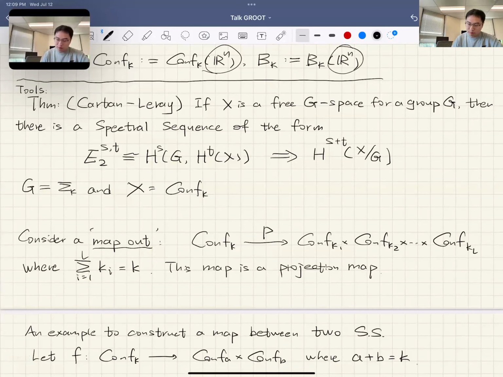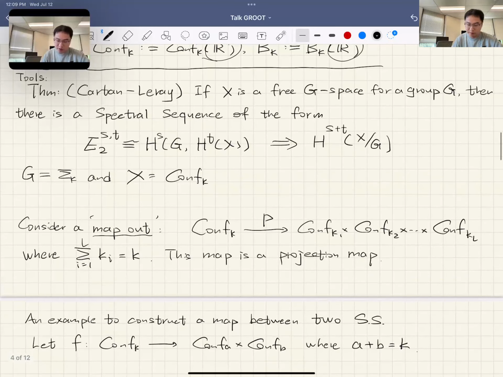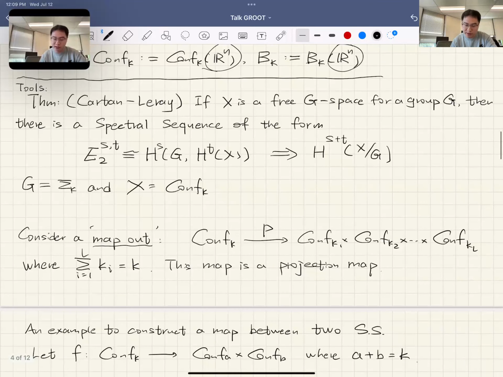Okay, so I want to do research, so I want some tools in my hand. Most of the time I'm going to use 3 main tools. The number 1 is the Cartan-Leray spectral sequence.